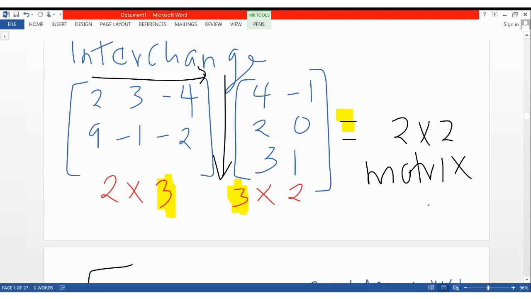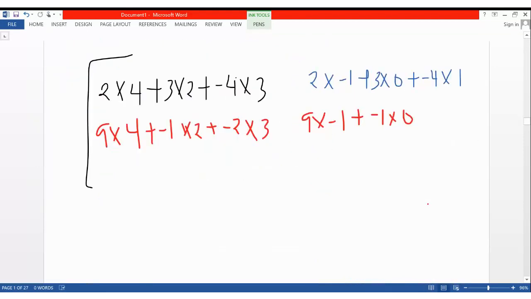I have a calculator, so let me do this one quickly. 8 plus 6 minus 12. That is 2 for the first entry.